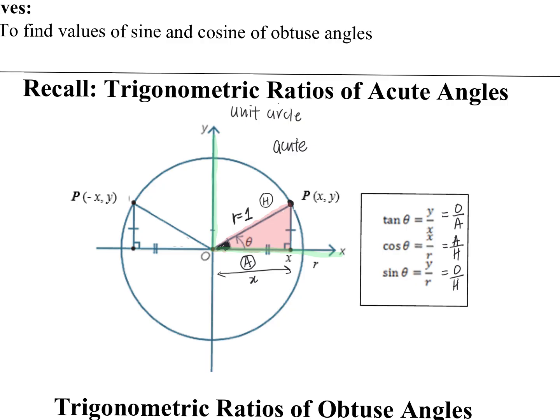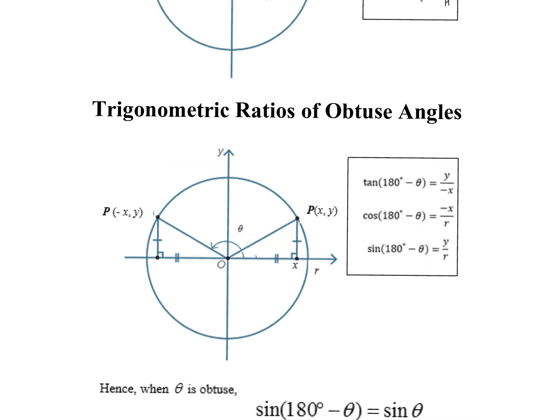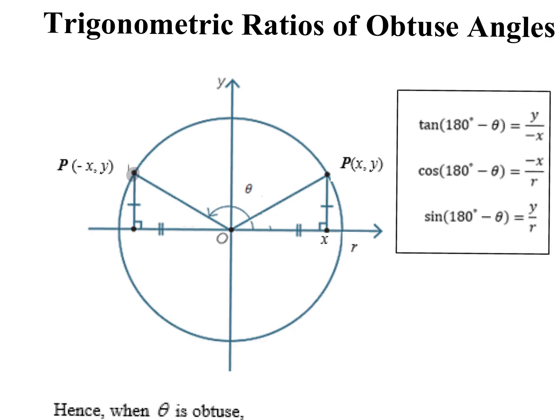Yes, okay. With that being said, we go to this part. What changes is that some values become negative. Can you see closely? We do the same thing. Instead of X, what is this value now? Negative X. But this is still Y, right? No change, still on the positive side.